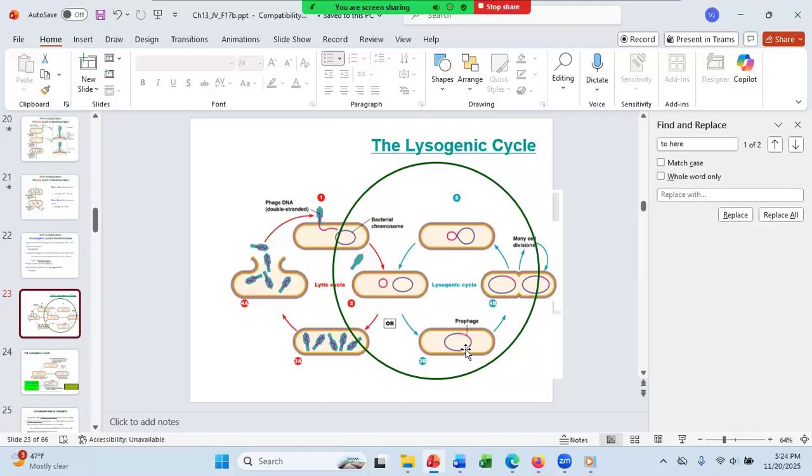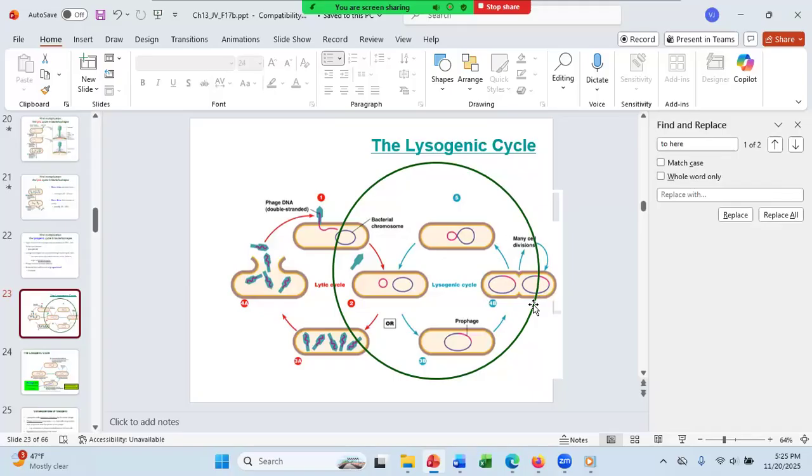And as you know, when a cell goes through cell division, it will copy the DNA of the cell. And then we'll get two cells, each having a prophage, and both viruses will be in the lysogenic life cycle. You can go through many cell divisions where the lysogenic virus stays in the lysogenic life cycle. And so this cell has a lysogenic virus inside it. Any questions about that part?